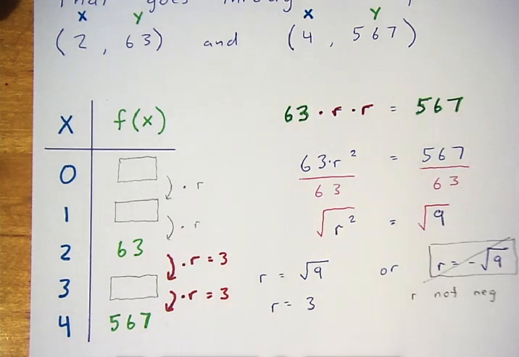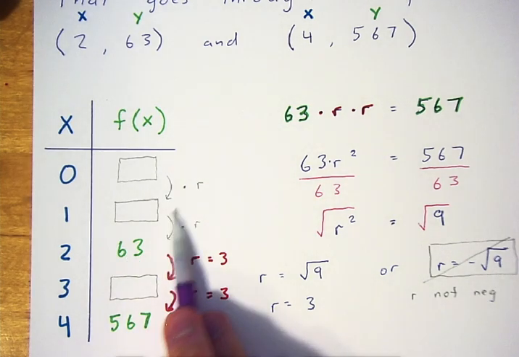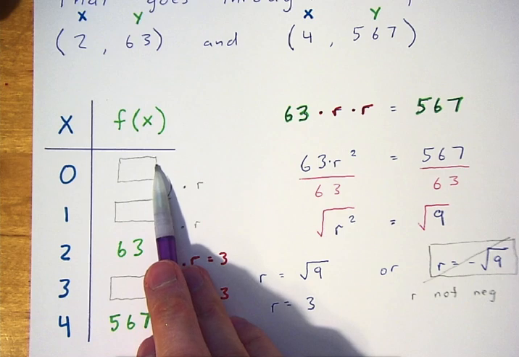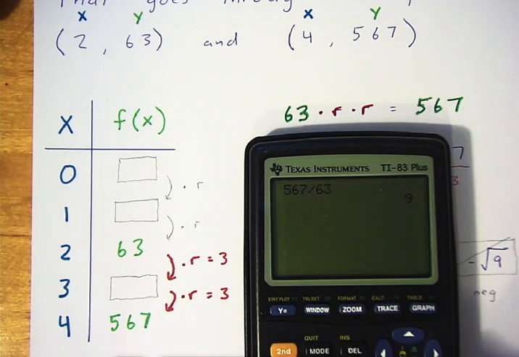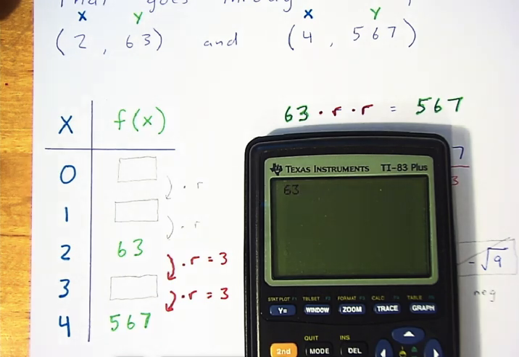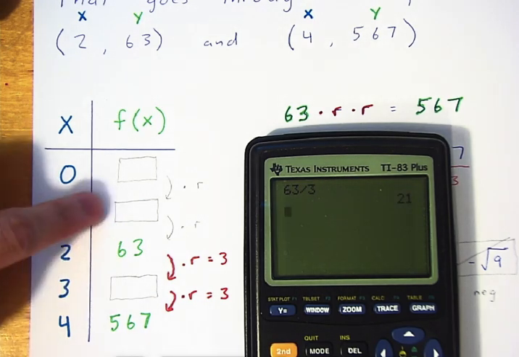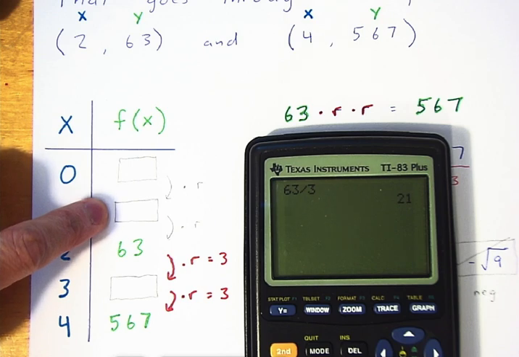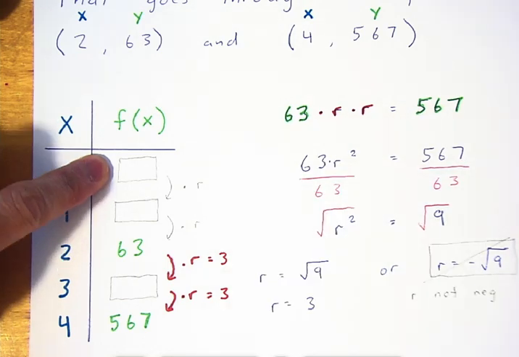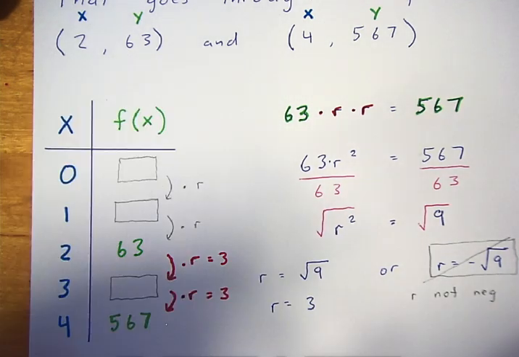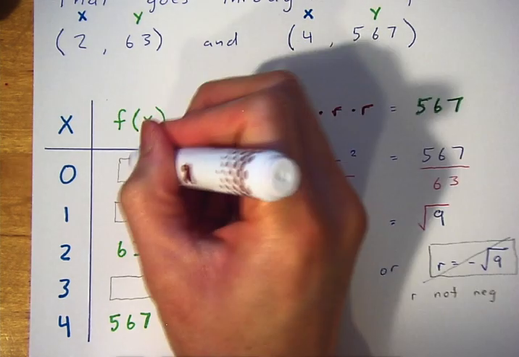Going in the opposite direction will be divide by 3, divide by 3. So 63 divided by 3 will get you this one right here. This is going to be 21. If I do 21 divided by 3, it will get you this one, which is 7. So this value right up here is 7.